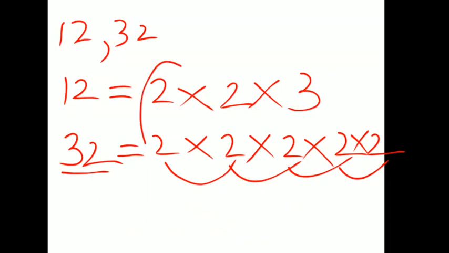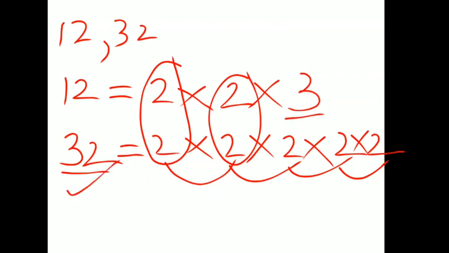Just see now what are the common factors you can see: 2, 2. Now any other number? No, 3 is not there in 32, right? So the common factors between 12 and 32 are 2 into 2, that is 4.